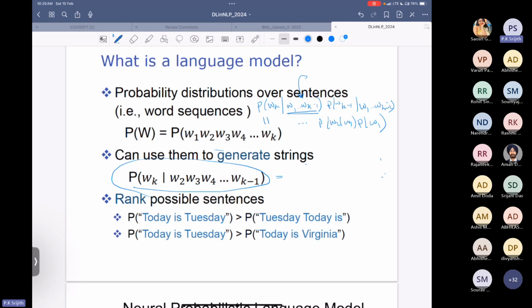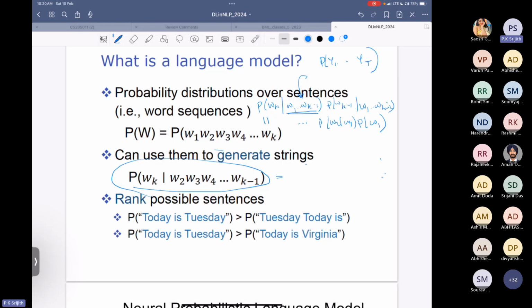Okay? So if you try to model the whole sequence y1 to yt, then the number of parameters that we might want to estimate is going to be very, very large, and you may not be able to find the whole sequence in the corpus at all. All these issues can come. So we went for a simplified model where we assume some kind of a first order Markov model, and you write this joint distribution as something like P of y1 into P of y2 given y1 into P of y3 given y2, like that.